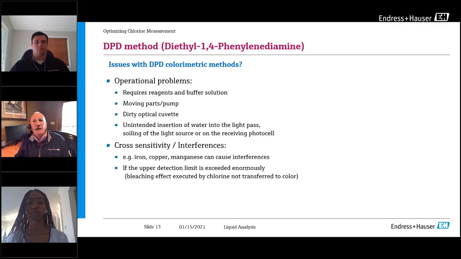Another way to disinfect is ozone. Ozone will disinfect, but it's not generally used at large levels in drinking water. It's used more commonly in some of the life science applications where they're trying to disinfect their systems. The other way you can disinfect water is using UV light. But again, in a drinking water plant, it would require a rather large bank of UV lights in order to adequately disinfect the water, so you don't commonly see that.